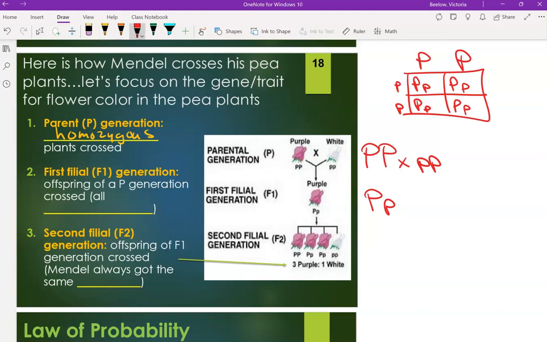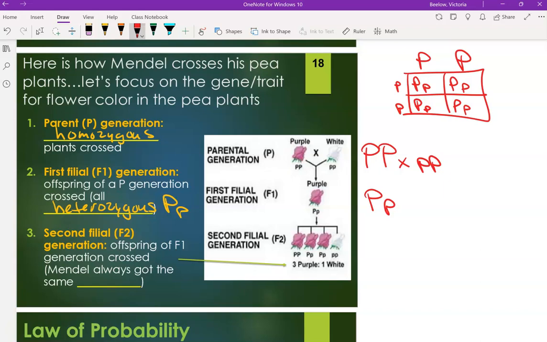You get one chromosome from mom, one chromosome from dad. You get half of your DNA from mom, half your DNA from dad. So that means you get one allele from each parent. In this case, this parent can only give a capital P, and this parent can only give a lowercase p. So all of the children in the first generation are going to be capital P, lowercase p, which is heterozygous.